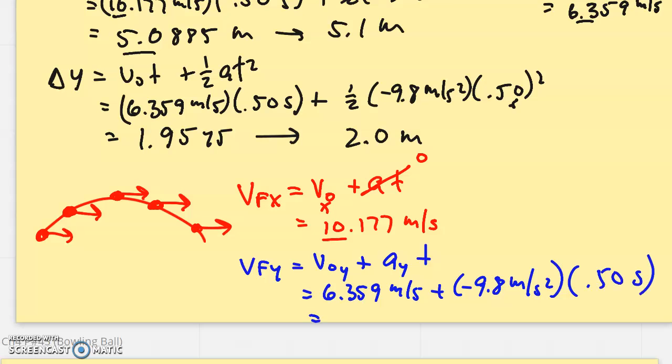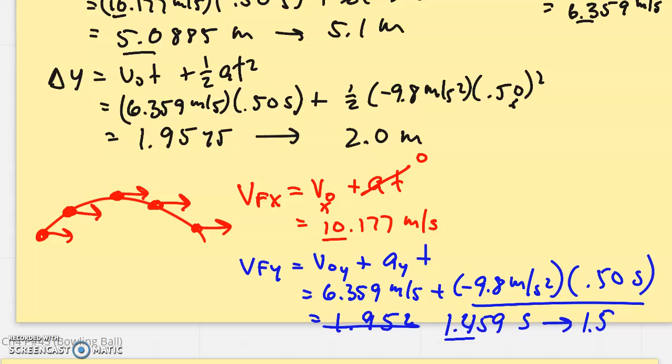And if you run all that through, you can see that this is going to be negative 4.9. So it's still going to be on its way up, but it's slower because it's been pulled down for a little while. 1.459, we'll make that 1.5 meters a second, of course.